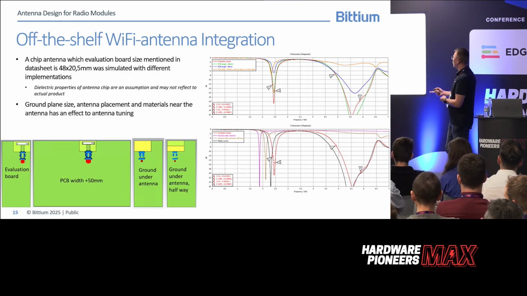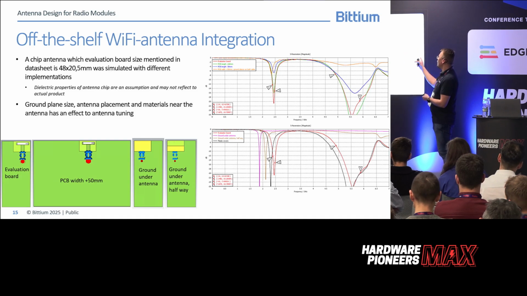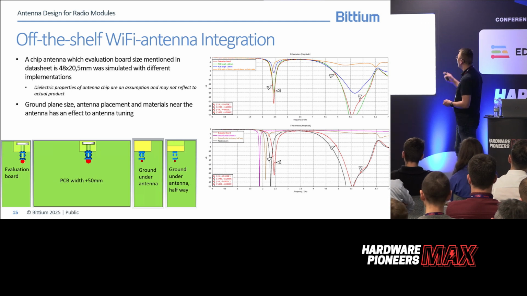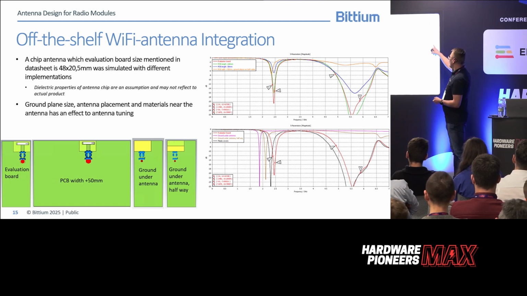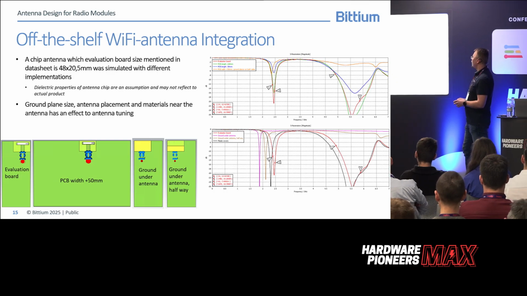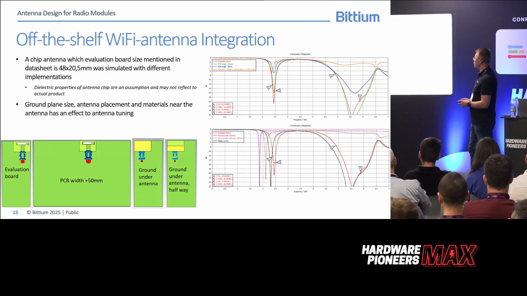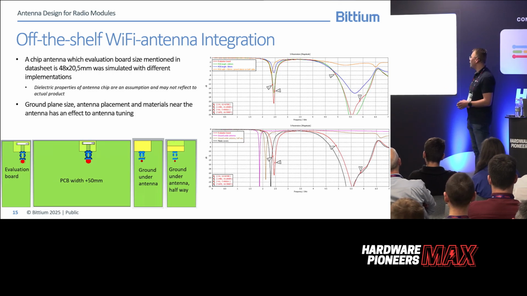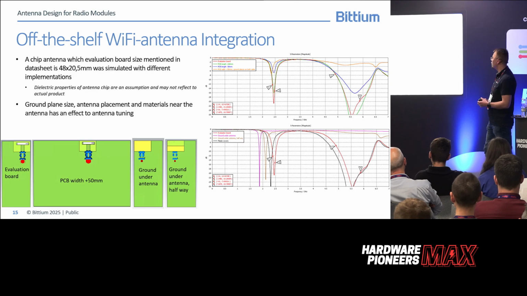This first graph shows the antenna S parameters, or antenna tuning, in decibels. The red curve is the S parameters with the evaluation board mentioned in the datasheet, so it is covering Wi-Fi frequencies from 2.4 gigahertz to 5 gigahertz.